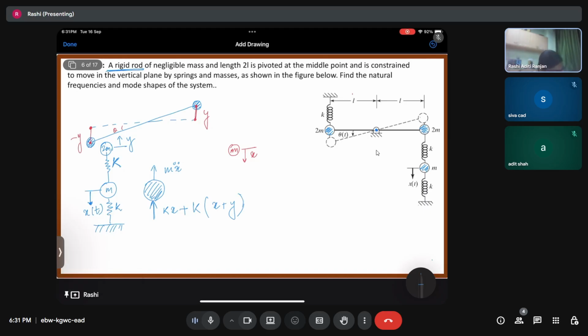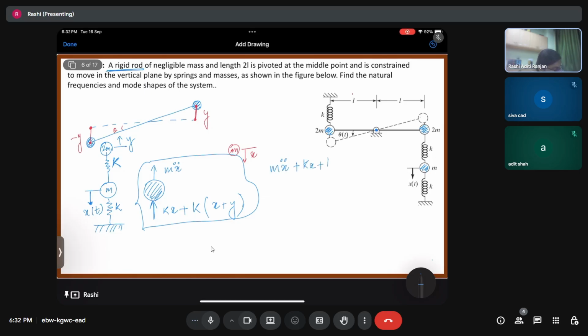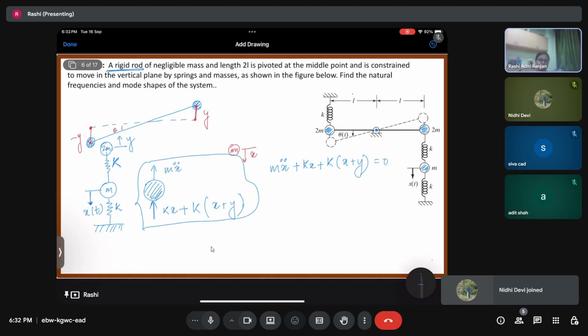Now for this mass, we can write the equation of motion as m x double dot plus kx plus k(x plus y) is equal to 0. This is going to be the equation.